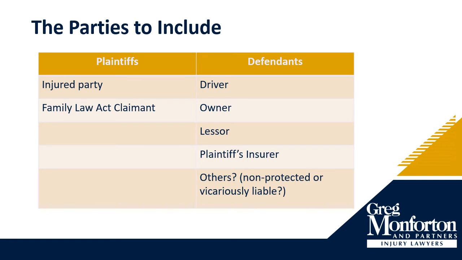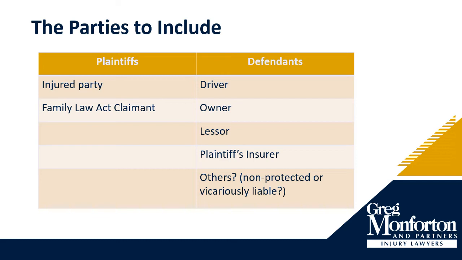So to sum up what we've talked about, you can look on the plaintiff side of this chart. You're always going to include the injured party. You will also look at whether or not there are any Family Law Act claimants under Section 61 of the Family Law Act who should be included. On the defendant side, it's a little bit more complicated. You really do have to think about the case.